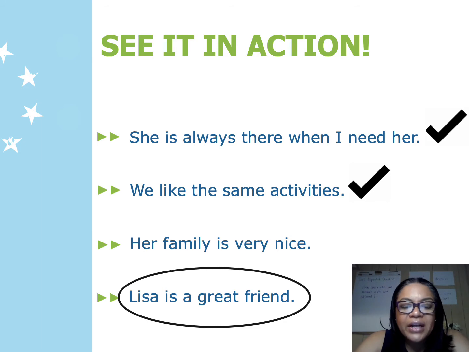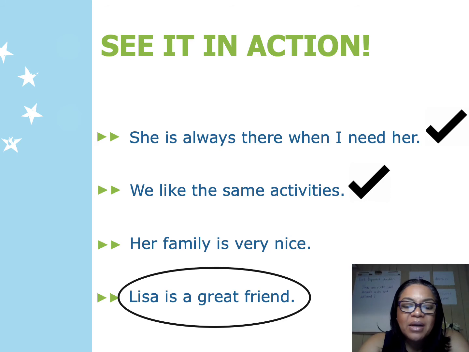Her family is very nice. What do you think about that sentence? Does it connect to the main idea? Let me think. That sentence is not really important, or it's kind of irrelevant, or a detail that doesn't really connect to the topic because it isn't giving me more information about why or why not Lisa is a good friend.